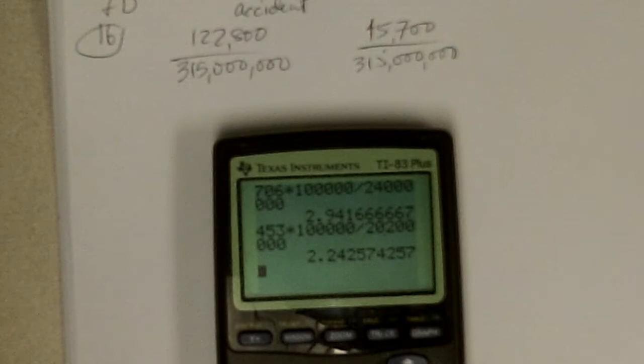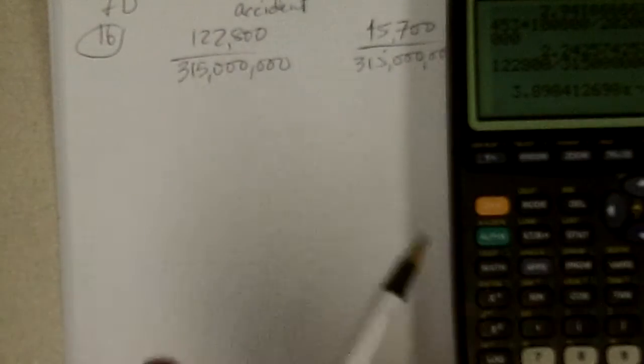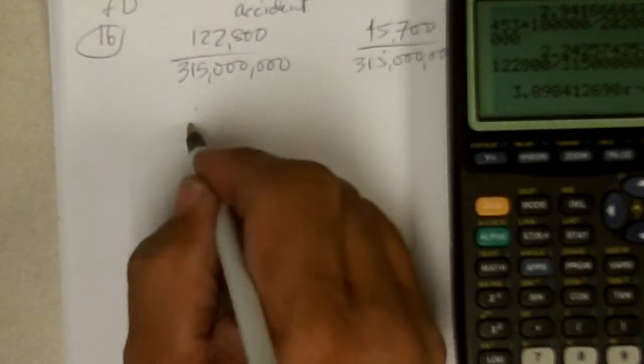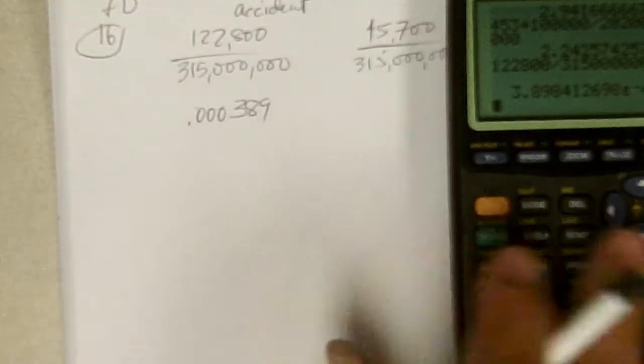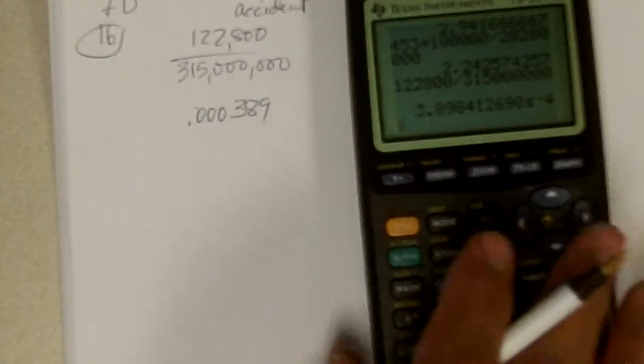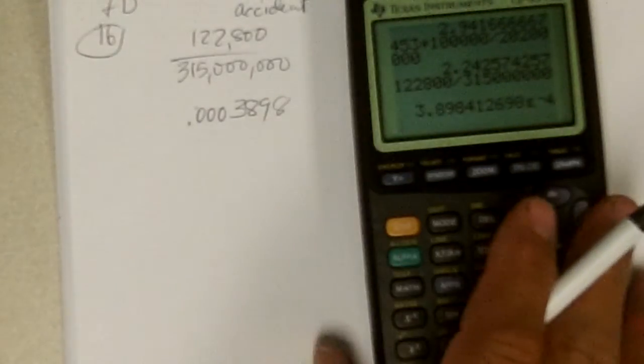Now let's just kind of do the calculations here. 122,800 divided by 315,000,000, and we get 0.000389. We'll round it to 4.